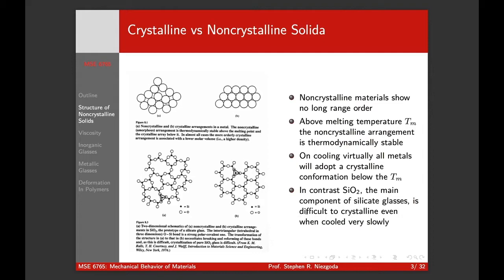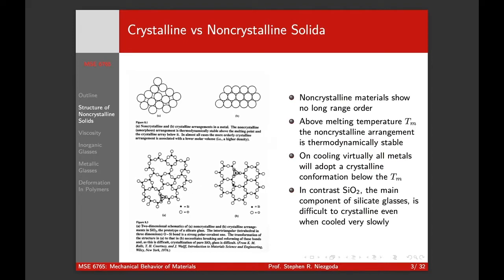Soda glass, or silicate glasses, of which soda glass is one. This is just pure SiO2. The main characteristic of the silicate glass is that it's very difficult to crystallize even when cooled very, very slowly. So you get these tetrahedra of oxygen and silicon, and you have this kind of amorphous structure.